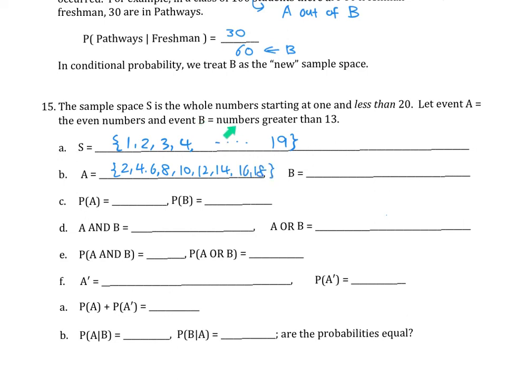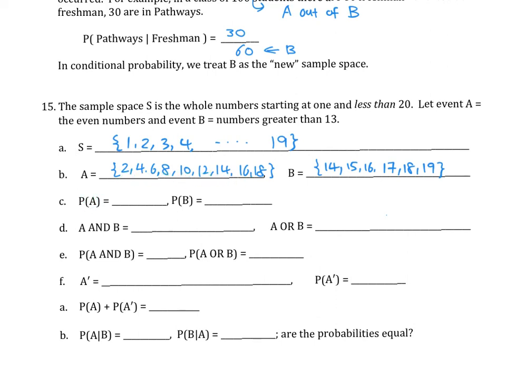And B says numbers greater than 13. So greater than 13 is not 13, but it starts at 14. It's bigger than 13, so it'll start at 14, 15, 16, 17, 18, and 19. So these are my two sets. So when they ask probability of A, I'm thinking there are 1, 2, 3, 4, 5, 6, 7, 8, 9.